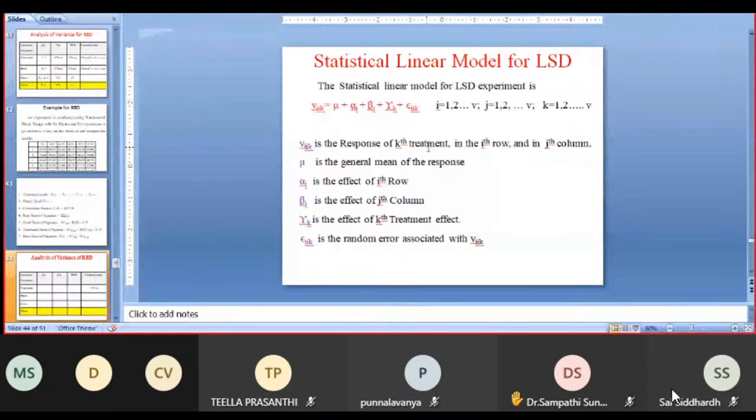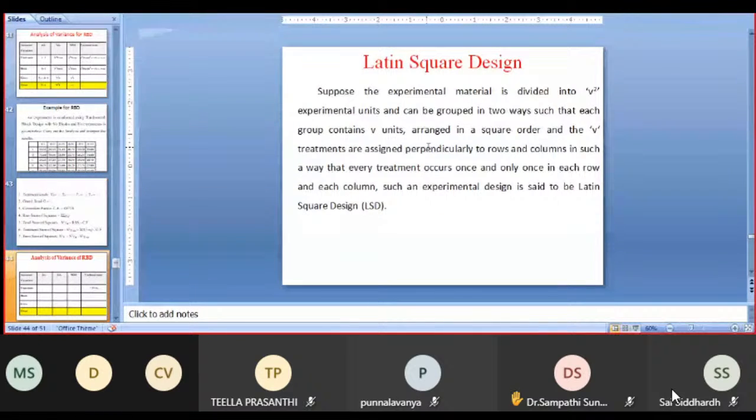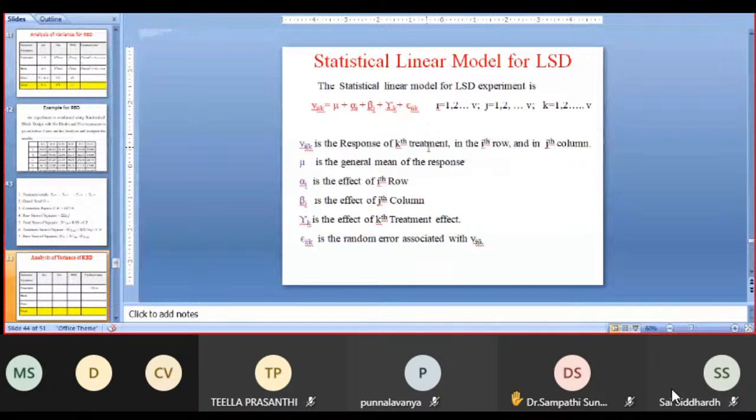So here the treatments are applied row-wise and column-wise only once, such that no treatment is repeated. Such a design is generally said to be a lattice square. Each treatment is applied once and only once in each row and in each column. Such a design is said to be a lattice square design, and it is always a square type, so equal number of rows, equal number of columns and equal number of treatments.